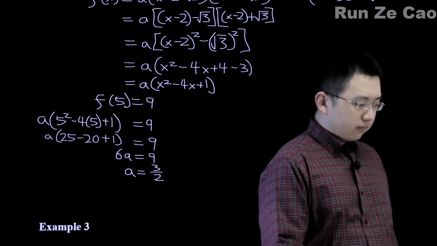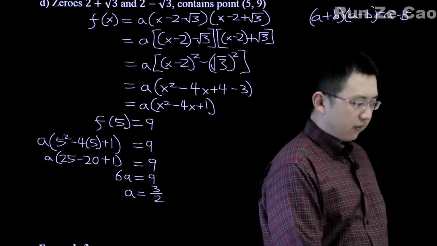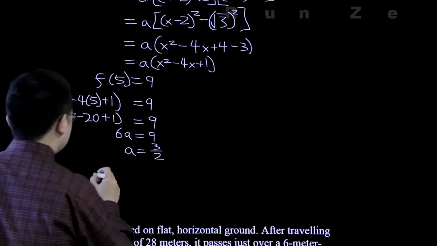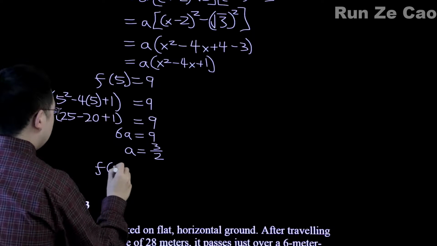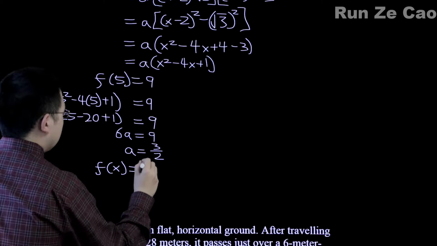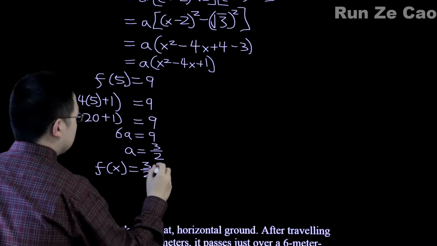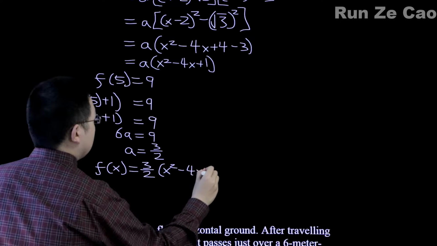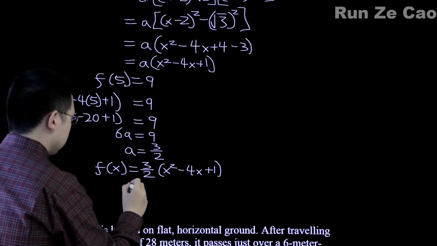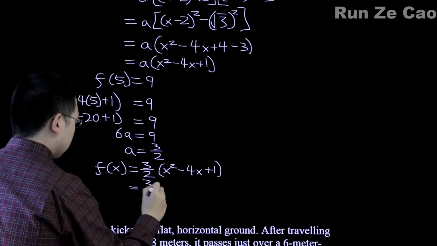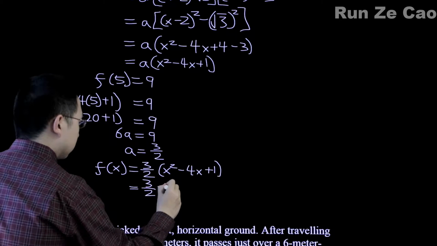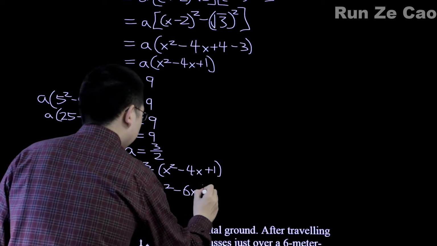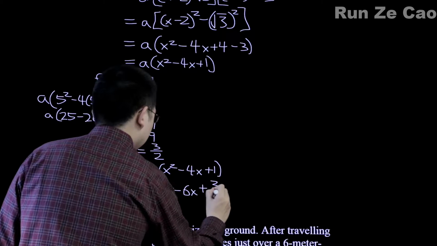So what we have in the end is f of x equals 3 over 2 x squared minus 4x plus 1. Three over 2 x squared minus 4x plus 1. 3 over 2 x squared minus 6x plus 3 over 2.